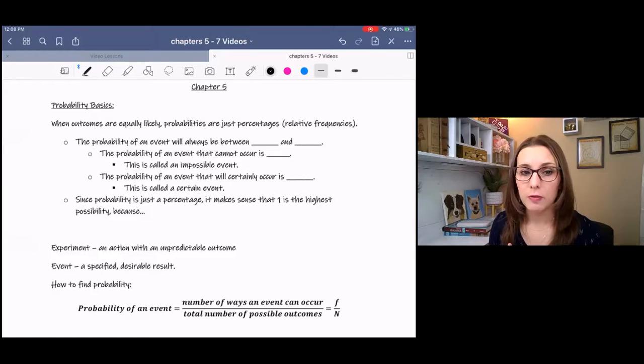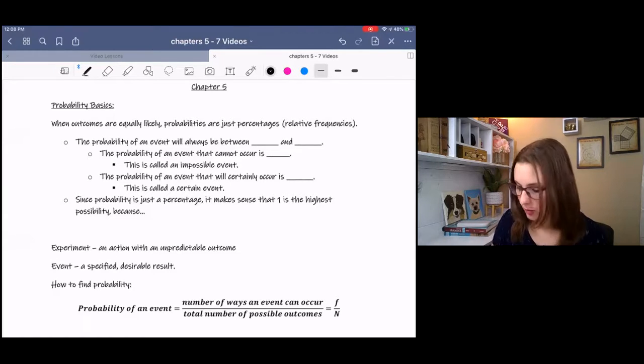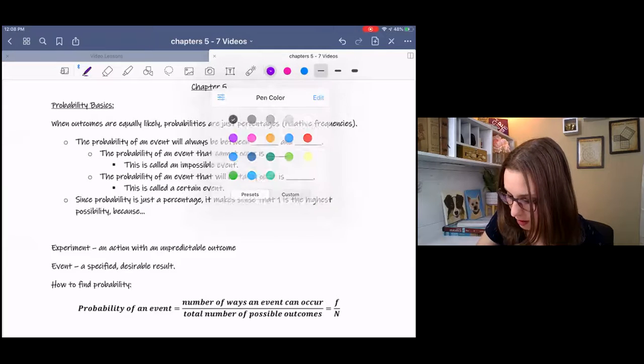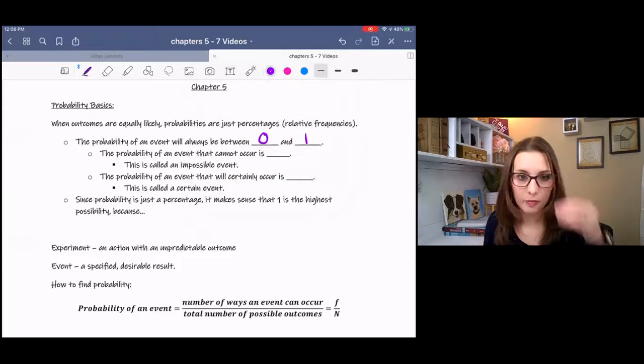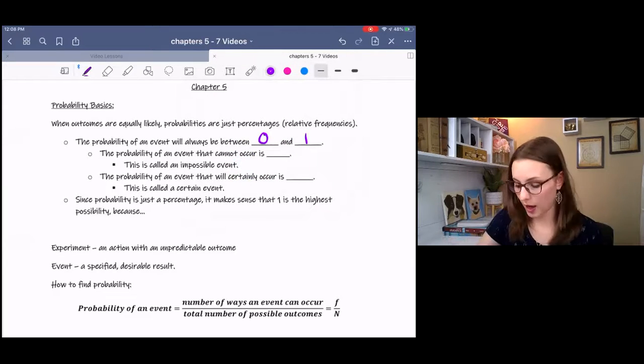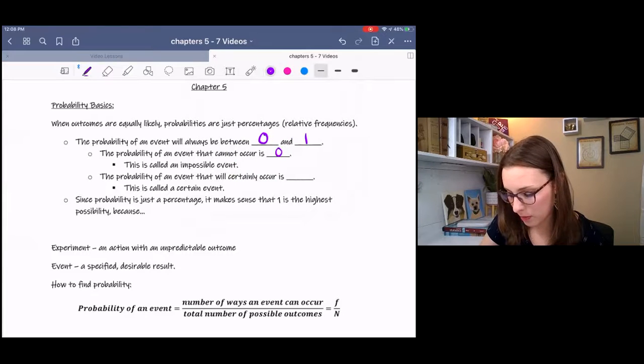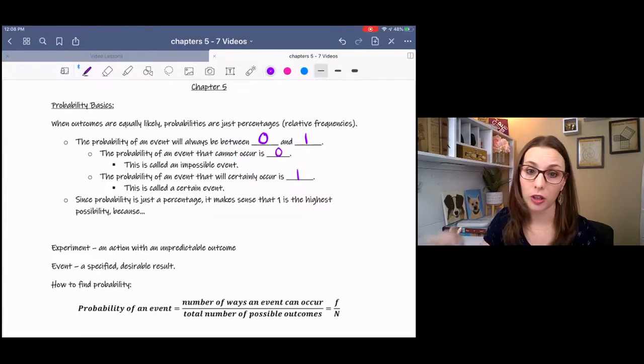The probability of an event will always be in between 0 and 1, where 0 means that it could never occur and 1 means that it will definitely occur.